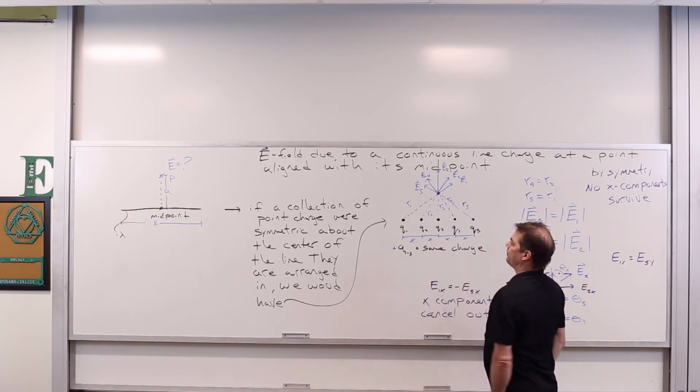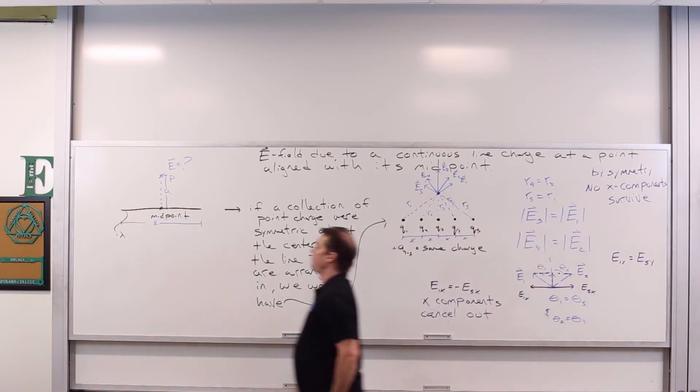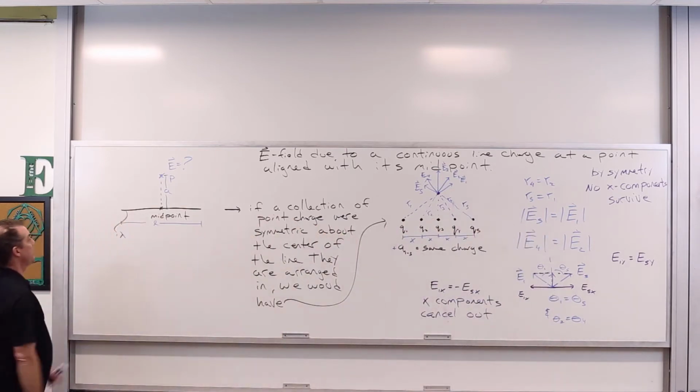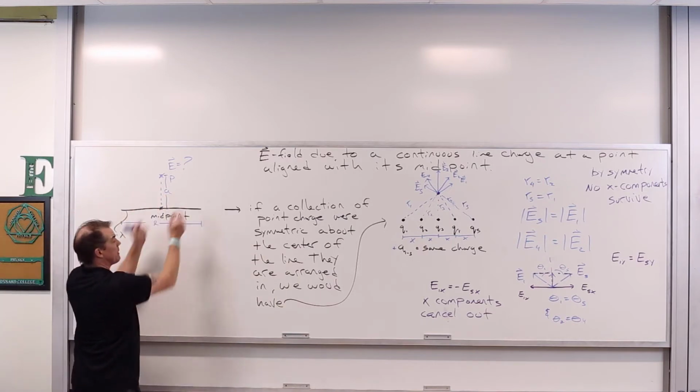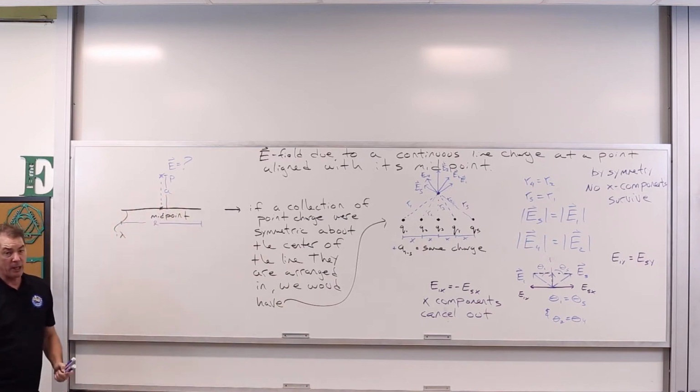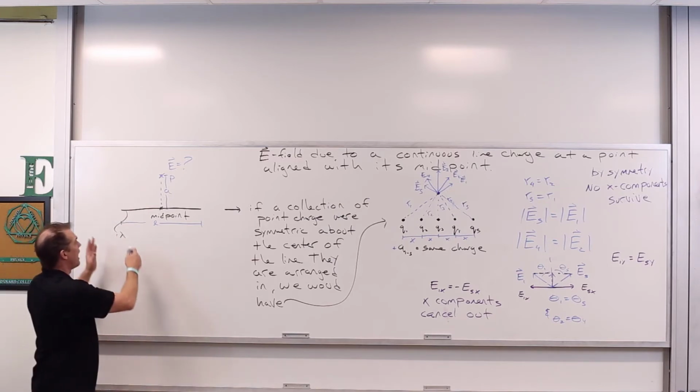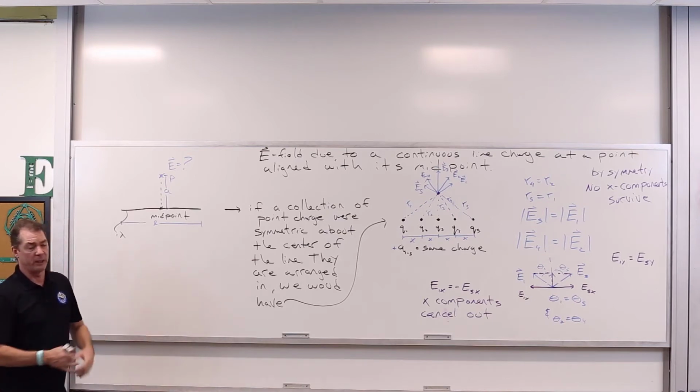All right, so first off, by symmetry, because we're going to have equal amounts from either side in the y direction in this case, we only have to do one side. And then 2 times the electric field from one side will be the total electric field.